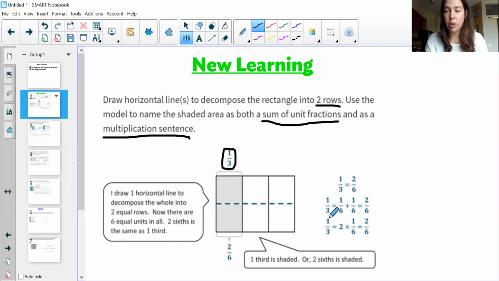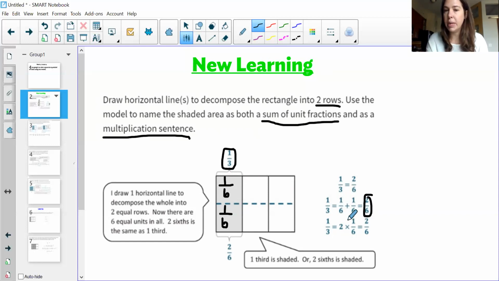So I started with 1/3. 1/3 is equal to 1/6 plus 1/6, which is 2/6, because this is 1/6 and this is 1/6. All together, when I add those together, we get 2/6.